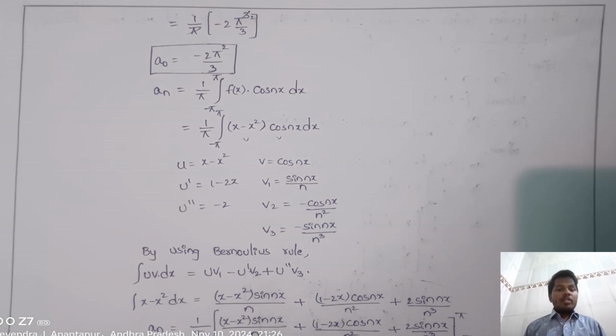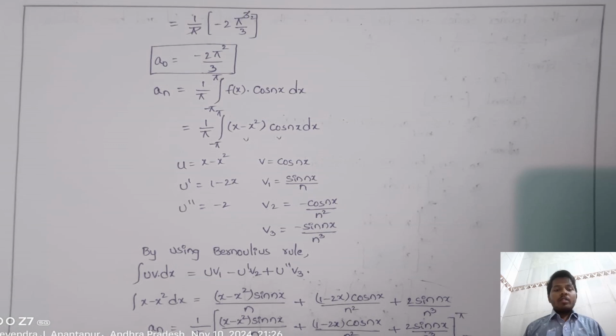So by Bernoulli's rule, integration of uv dx is equal to u v1 minus u dash v2 plus u double dash v3. So the integration of x minus x square times cos nx dx is equal to x minus x square into sin nx by n plus 1 minus 2x cos nx by n square plus 2 sin nx by n cube.